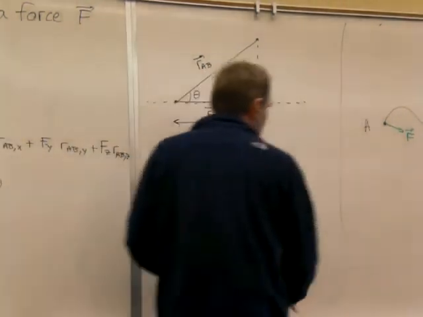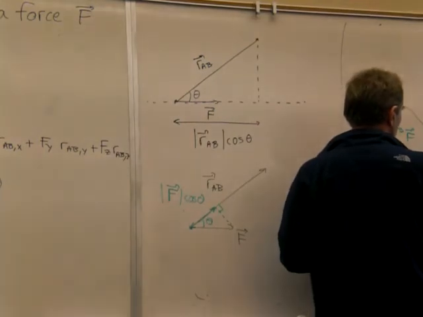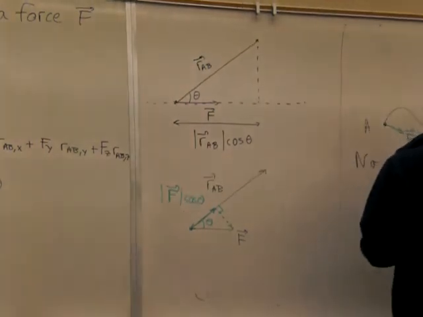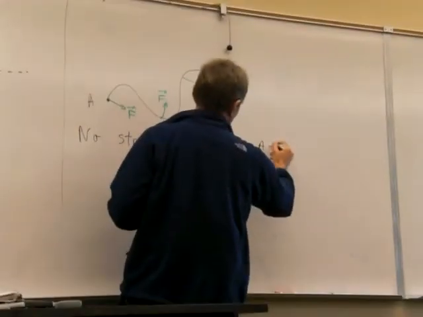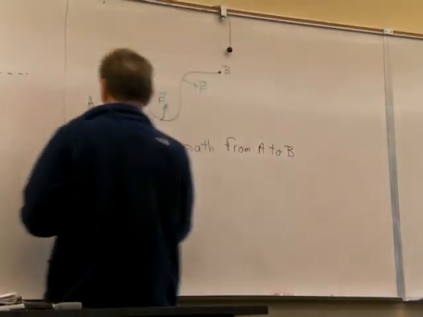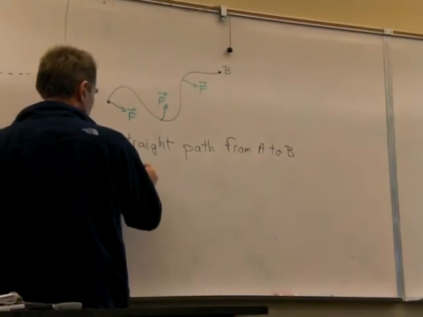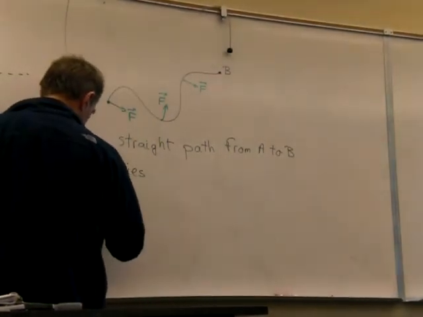So we don't have the straight path from A to B, and we have F that varies. We can still talk about the work of F.